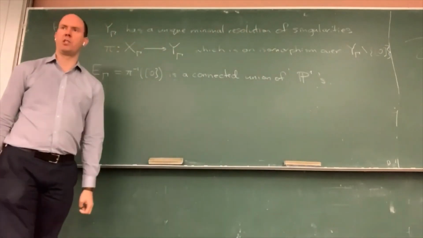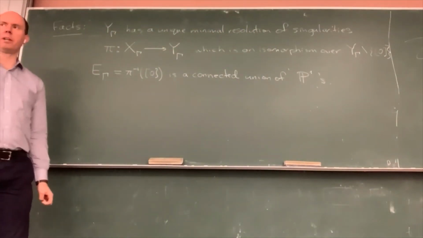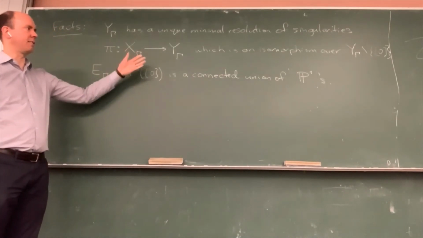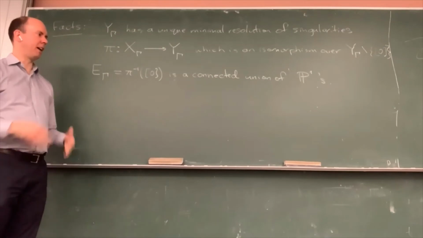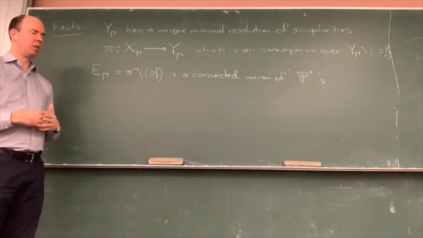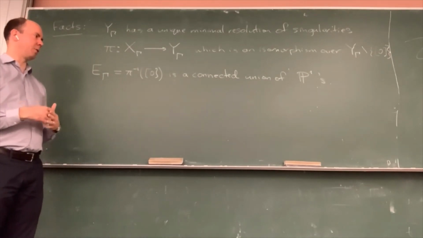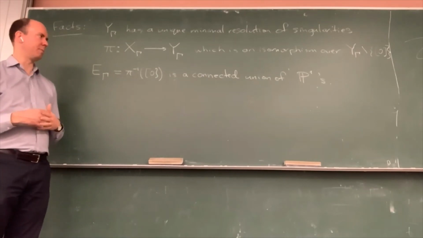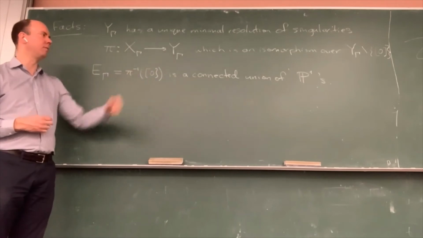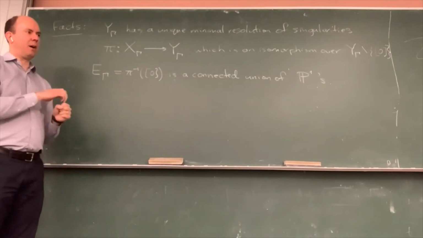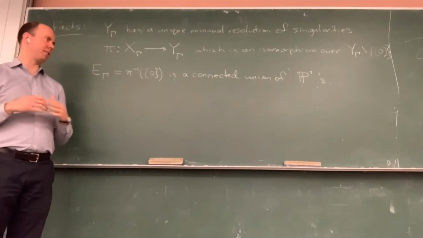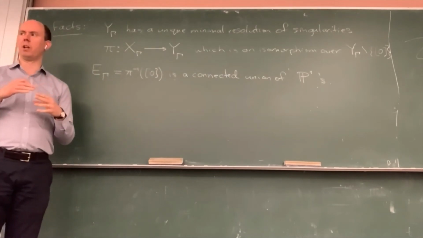So in the example of C2, there was just one projective line in the fiber. But if you look at the other Kleinian singularities and use the techniques of singularity theory, people found that what you get is always connected. That can be proved using the general result known as Zariski's main theorem and the fact that Y gamma is normal. And every irreducible component of this exceptional locus is a projective line.